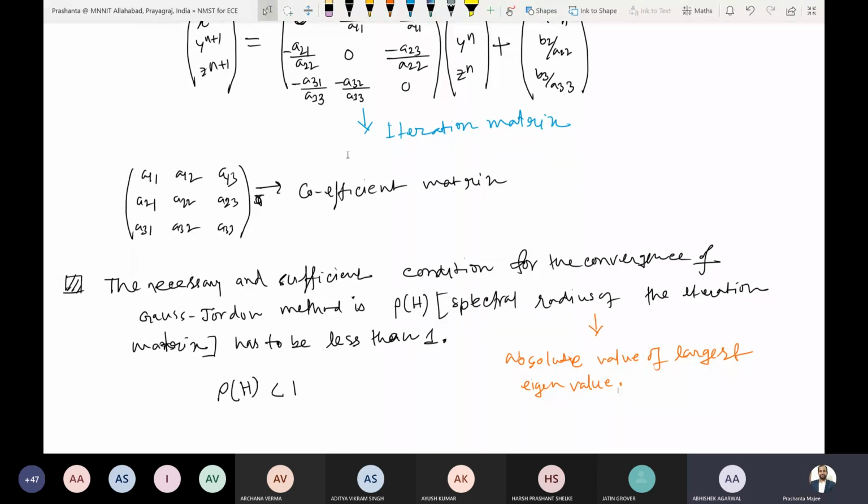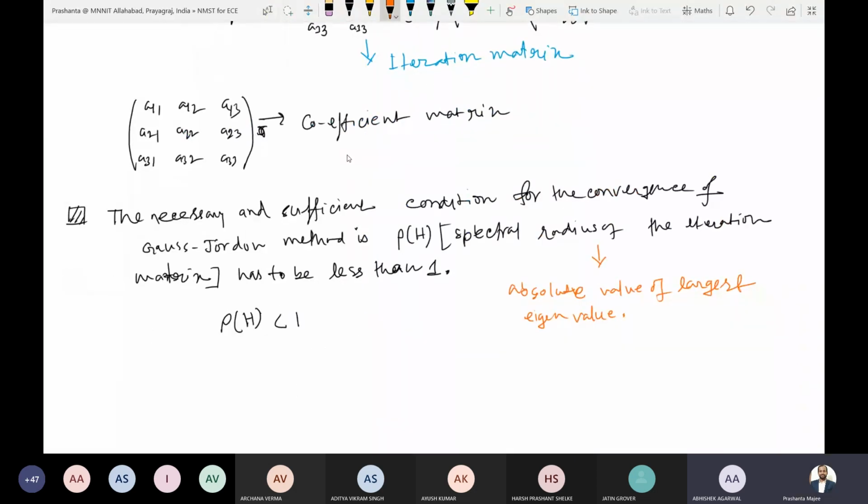So there is another way, but that will be only a sufficient condition. If that is satisfied, then the spectral radius will automatically be less than 1. So another condition we have is a sufficient condition, that is only sufficient.